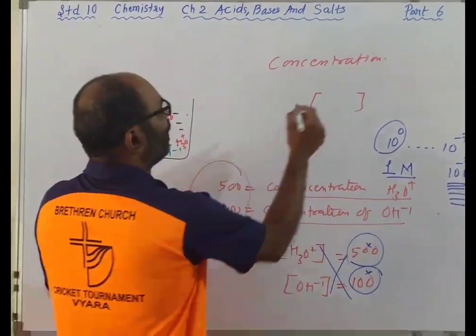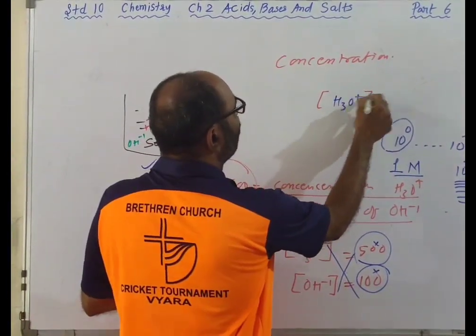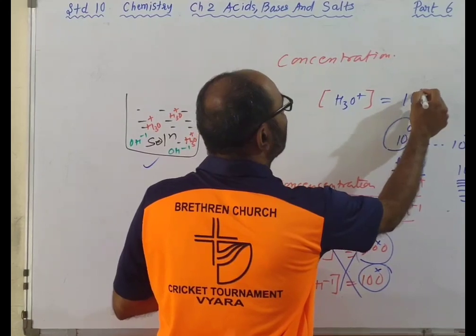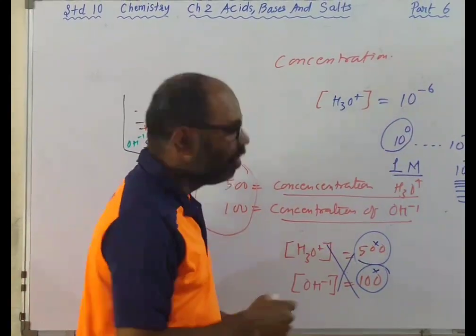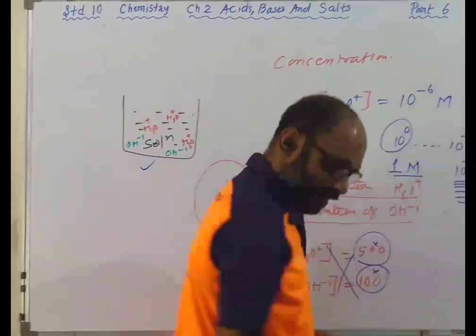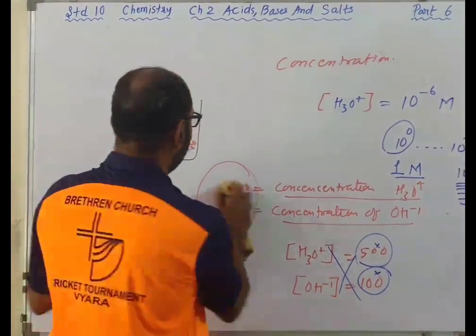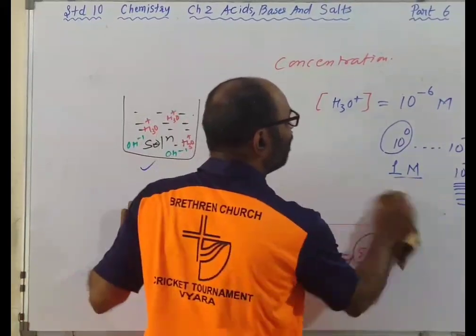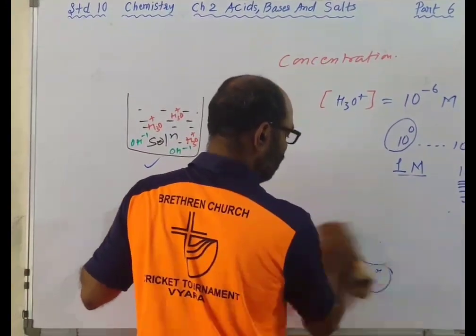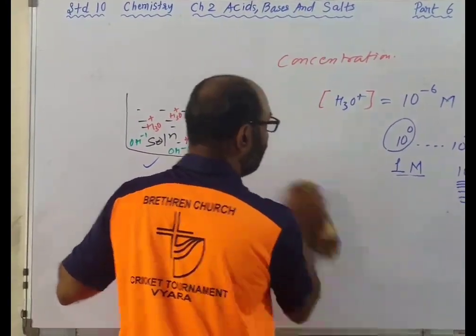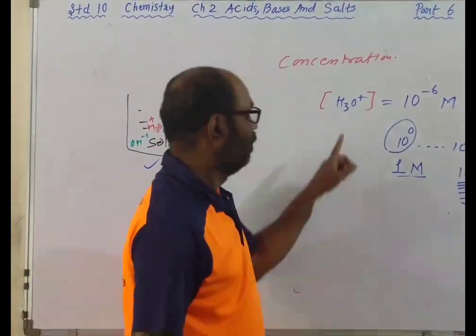Now see, suppose इसमें concentration of hydronium ion is 10 raised to minus 6 molar. Just try to understand, please. Alright?